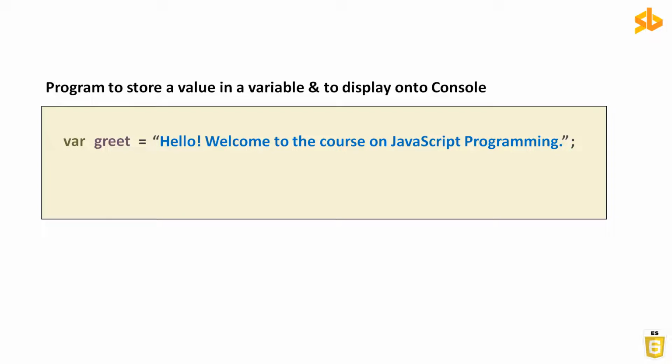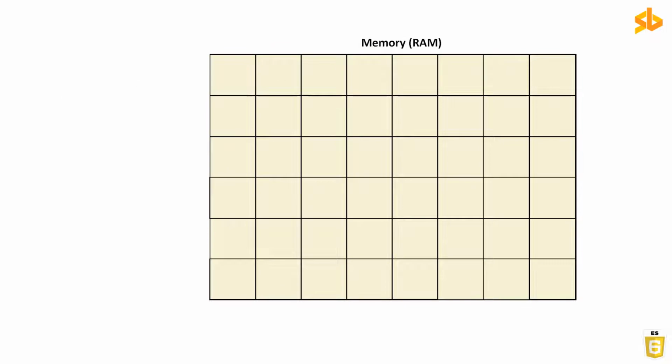If we run this statement in the console, this long text message is stored in memory, computer memory, that is RAM. Now oversimplified to understand, and just for the purpose of visualization, we can think of computer memory as a collection of blocks. And the long message that we want to store is stored in some of these blocks of memory.